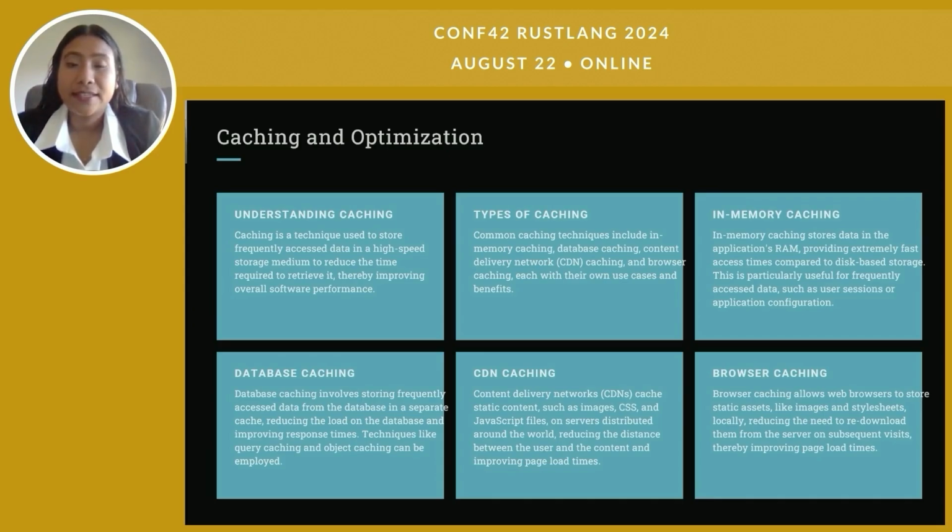CDN caching, as I said, is one of the emerging technologies used in most highly scalable applications, which we saw in the second slide. Content delivery networks cache static content such as images, CSS, and JavaScript files on servers distributed across the world, reducing the distance between the user and the content and improving page load times.